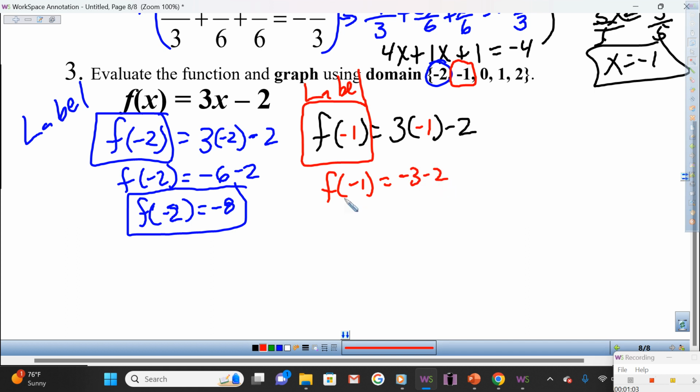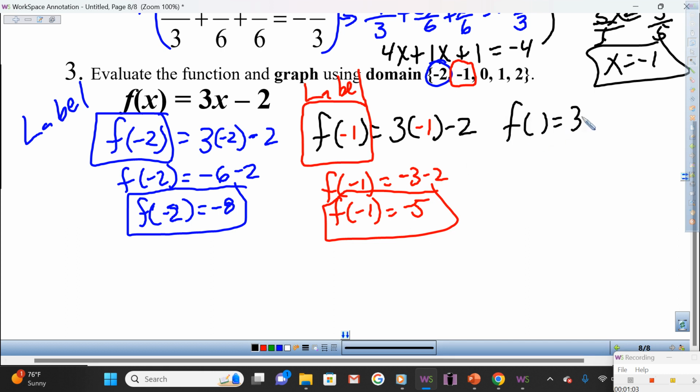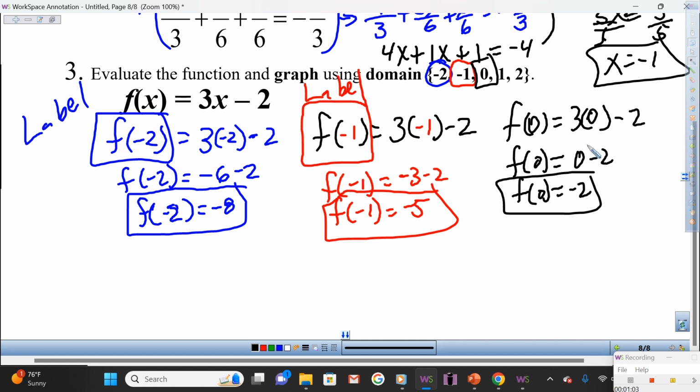Negative 3 minus 2. What is negative 3 minus 2? Negative 5. Next value is 0. F of 0 is, what is 3 times 0? 0 minus 2. So f of 0 is negative 2.